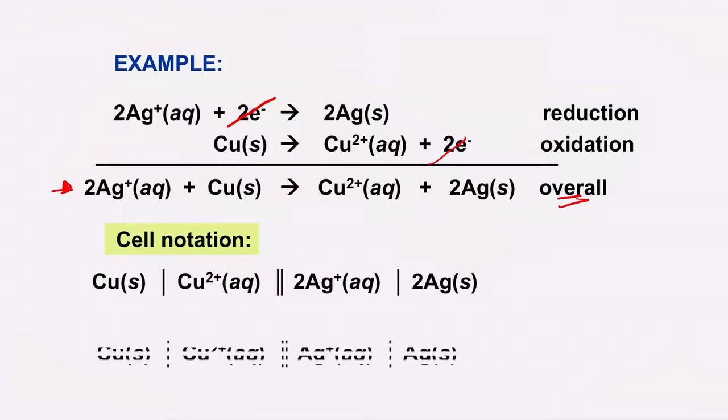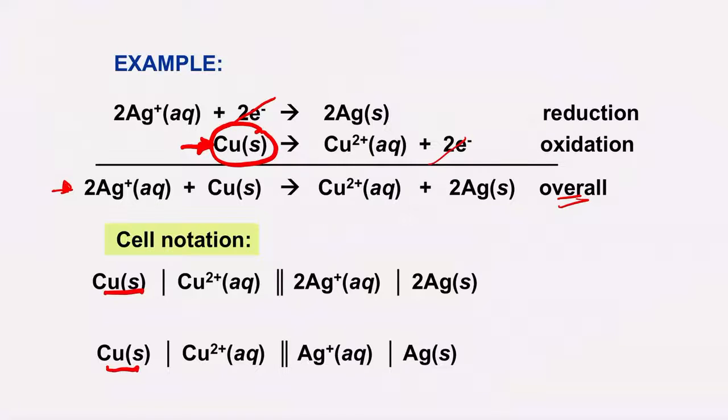Okay, so between these two, first we need to know who is undergoing oxidation, who is undergoing reduction. Okay, so now here we know that copper is undergoing oxidation. That means that this is your copper electrode. So it has to be at the beginning of your cell notation, like so.